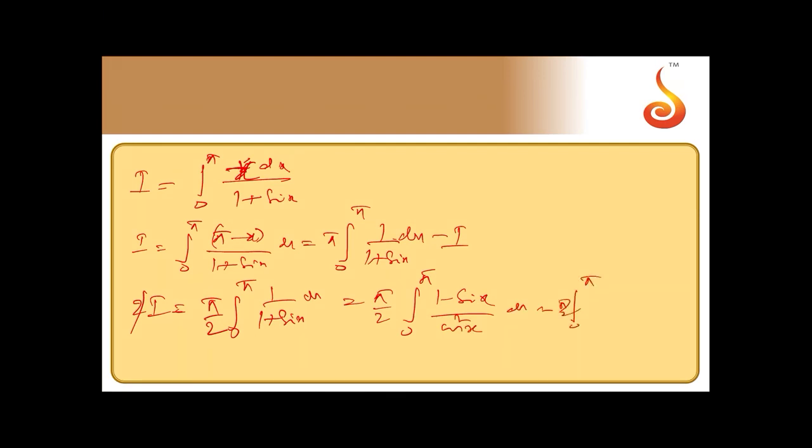Integration 0 to pi, it is secant square x minus secant x tan x dx. Integral secant square x is nothing but, I is equal to pi by 2 times integral, secant square x is nothing but tan x minus secant x, limits from 0 to pi by 2.